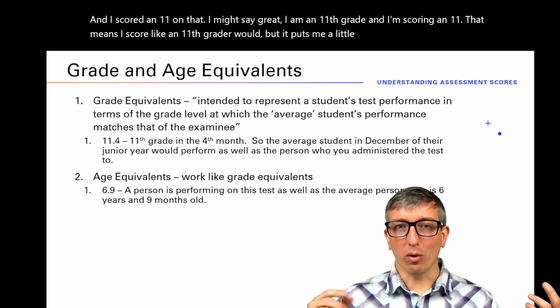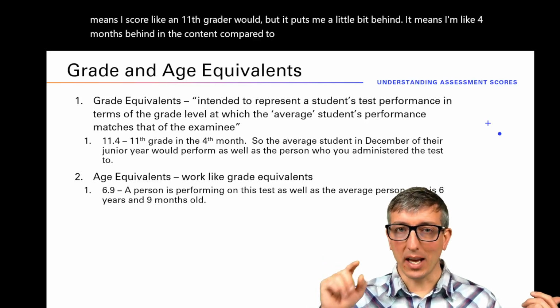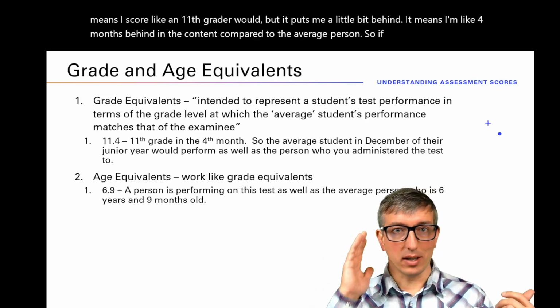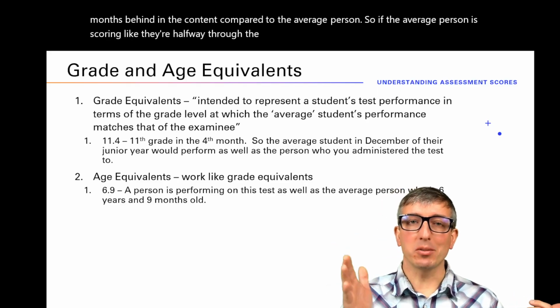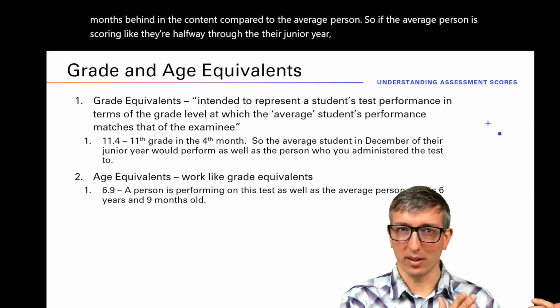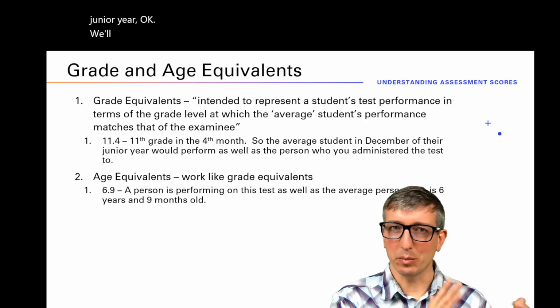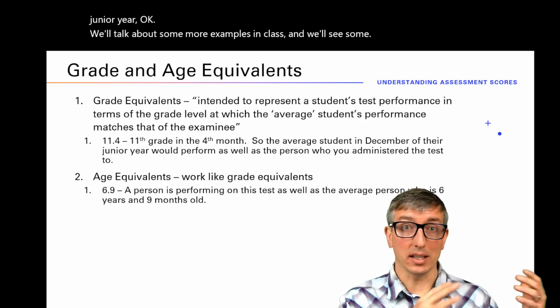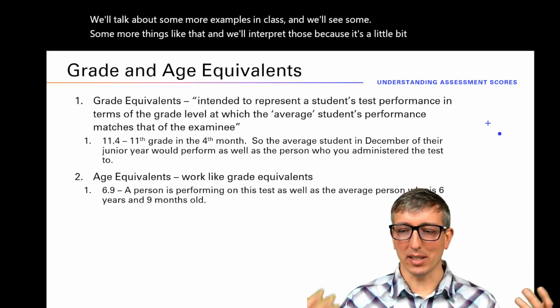It means I'm like 4 months behind in the content compared to the average person. So if the average person is scoring like they're halfway through their junior year, I'm scoring like I just started my junior year. Okay, we'll talk about some more examples in class, and we'll see some more things like that, and we'll interpret those because it's a little bit hard to wrap our heads around how this actually works.